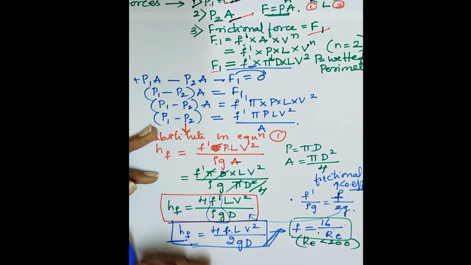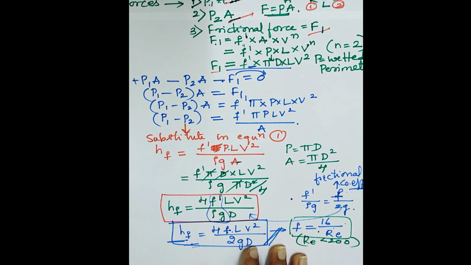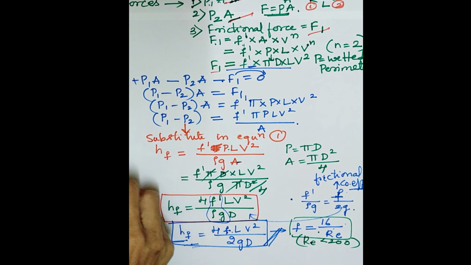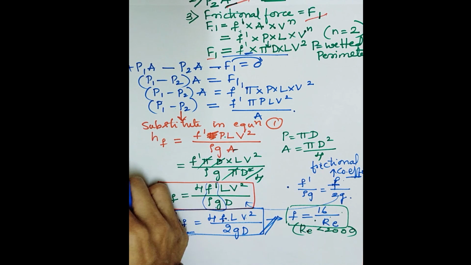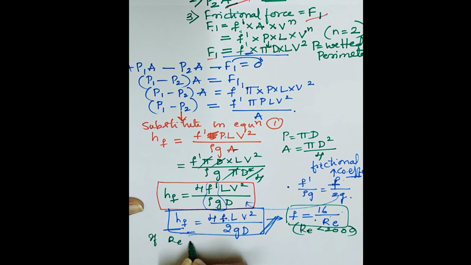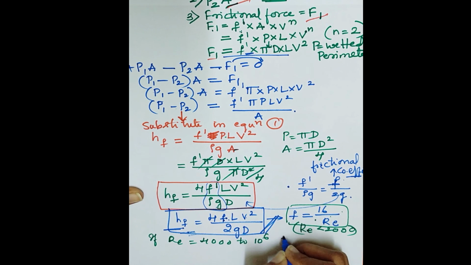If RE lies from 4000 to 10 to the power 6, F is calculated using 0.079 divided by RE to the power 1 by 4.